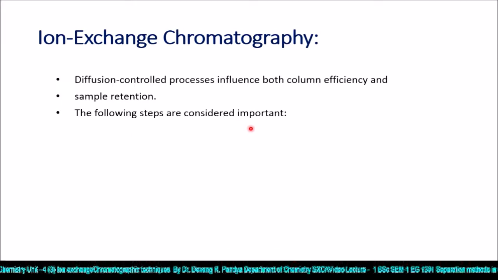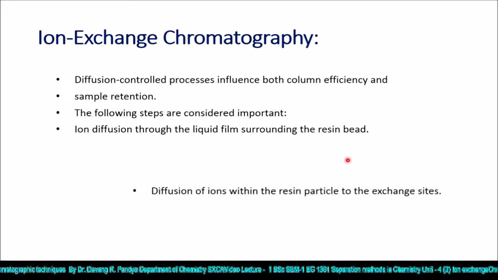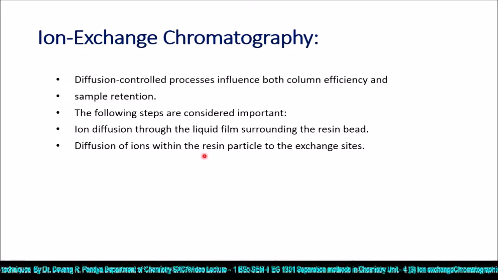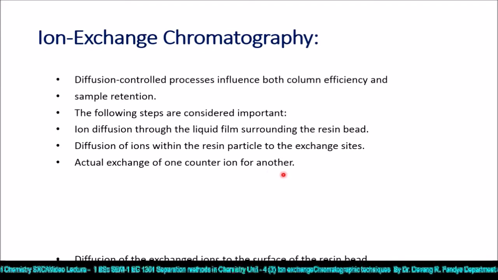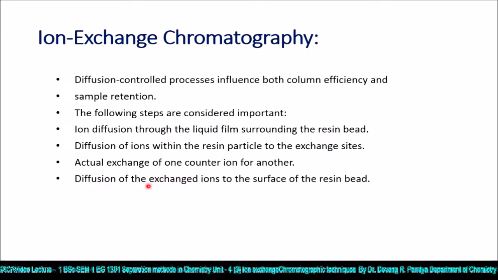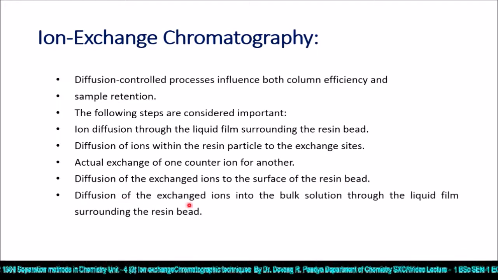The following steps can be considered for that: ion diffusion through the liquid film surrounding the resin bead, diffusion of ions within the resin particle to the exchange sites, actual exchange of one counter ion for another, diffusion of the exchanged ions to the surface of the resin bead, and diffusion of the exchanged ion into the bulk solution through the liquid film surrounding the resin bead.